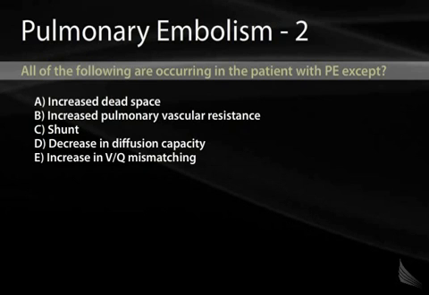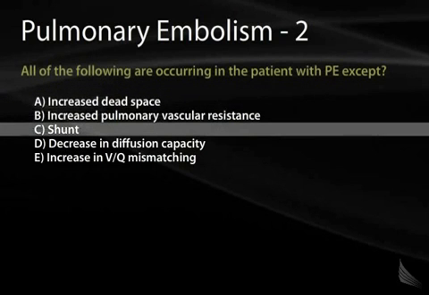Pulmonary embolism does cause an increase in pulmonary vascular resistance, and it does this because it redirects blood flow from going through the entire pulmonary circulation to going through the pulmonary circulation that's just not occluded by that clot. The same amount of blood is going through less pulmonary circulation, therefore the pulmonary vascular resistance increases. Pulmonary embolism does not cause shunt, so C is the correct answer.